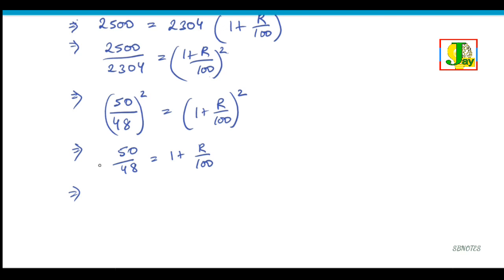This 1 comes to the other side, so minus 1: r by 100 equals 50 by 48 minus 1.